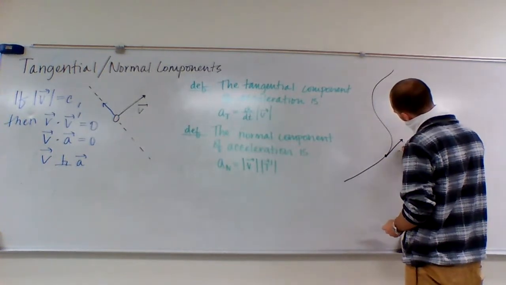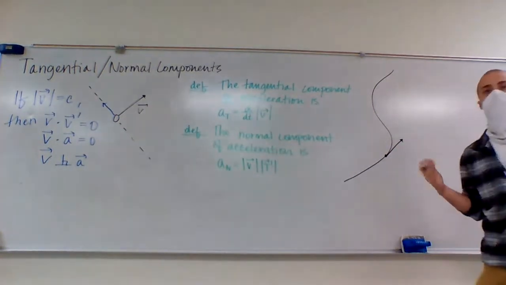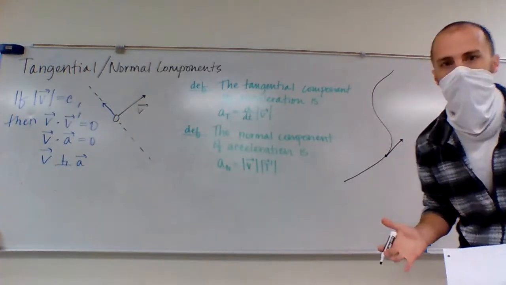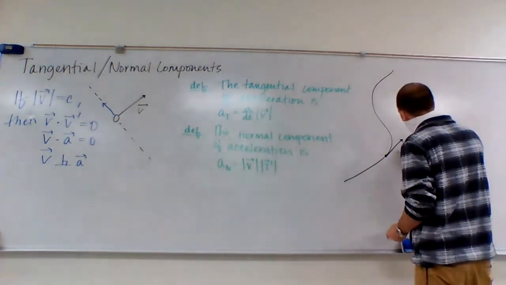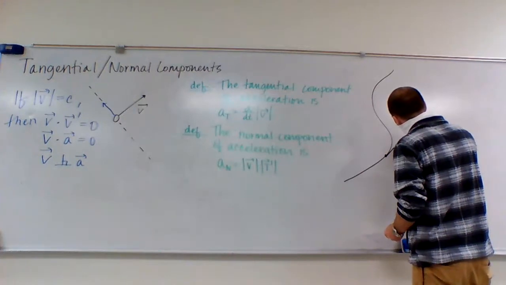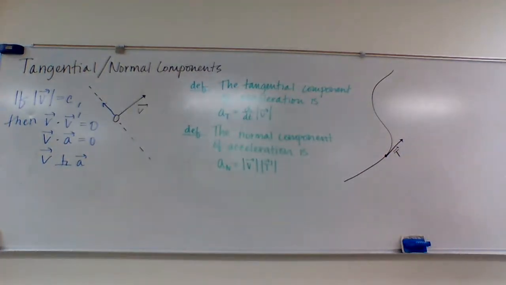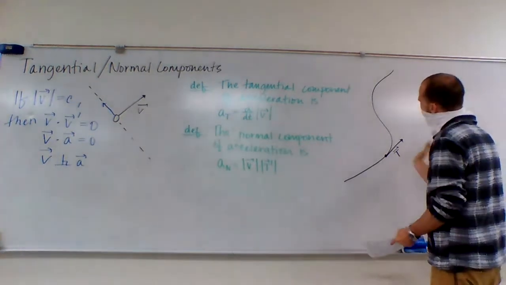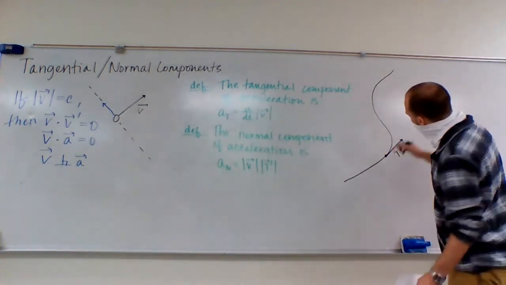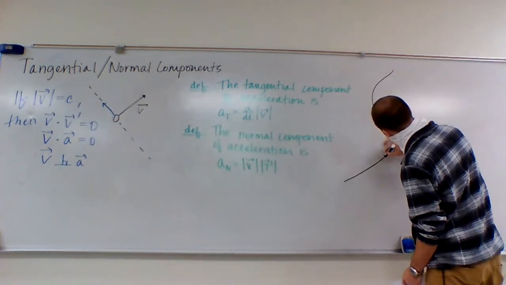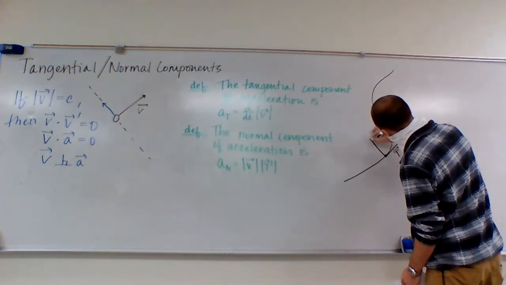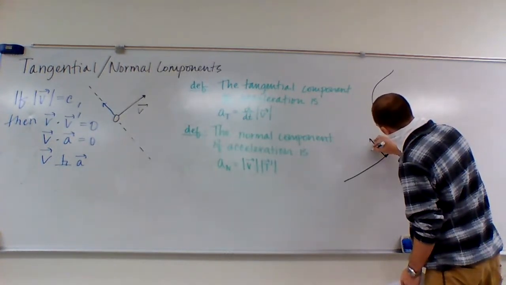We know that the velocity vector and the unit tangent are going to point in the direction of motion. And I also know that the normal vector is going to be orthogonal to the unit tangent vector, the unit normal, and it will kind of go in the direction that we're turning. So it's going to go this way, and it's going to have the same length. Okay, so hopefully that's about right.